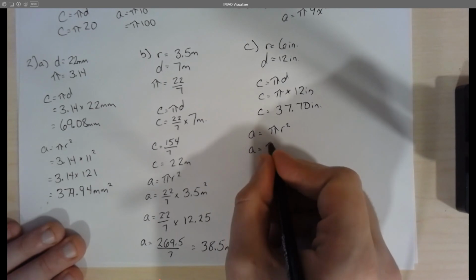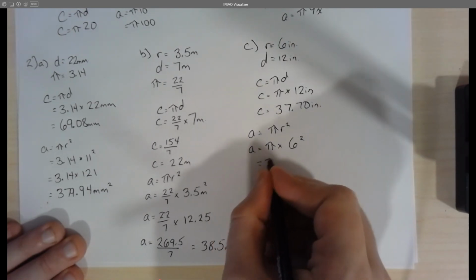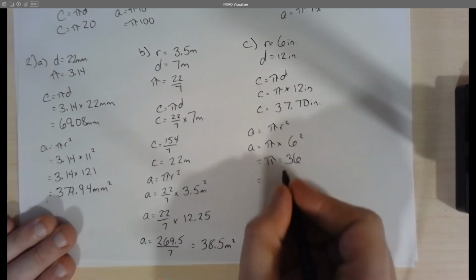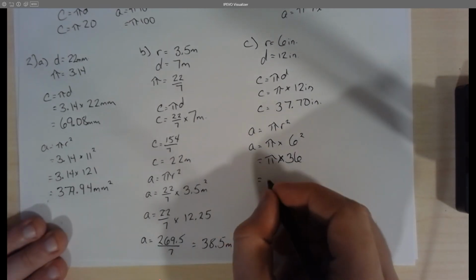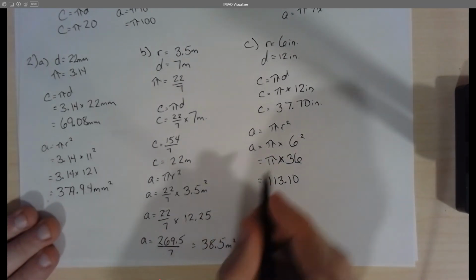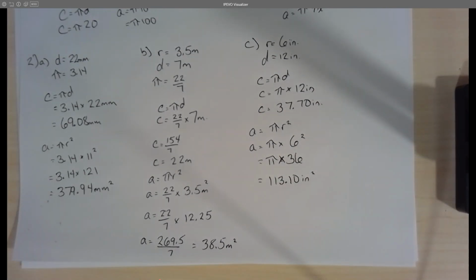Area equals pi times 6 squared, or pi times 36, which when I plug that into my calculator gives me about 113.10. Again, these are rounded to 2 decimal places, and that would be inches squared. Rounded to 2 decimal places, but that's okay as well.